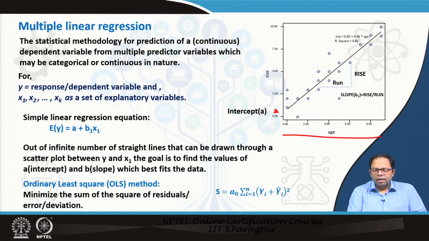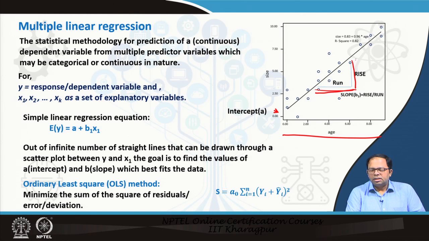In that case, this is the straight line that has been plotted, where size is equal to 0.83, which is basically a, plus 0.96, which is basically b, into age. So this 0.96 is the slope, b1, which is rise by run. So, this is the rise and this is the run.